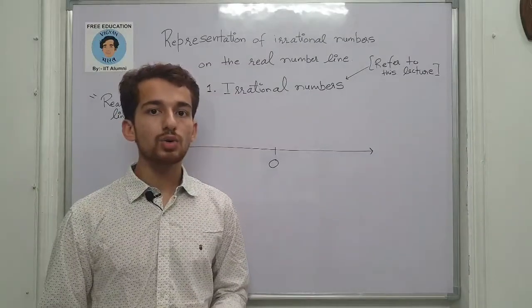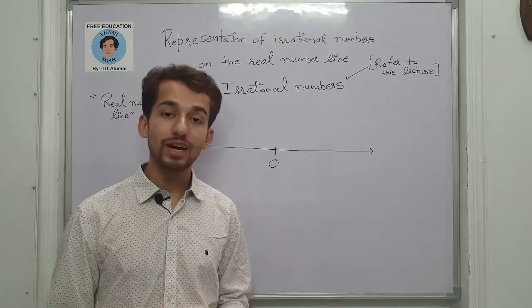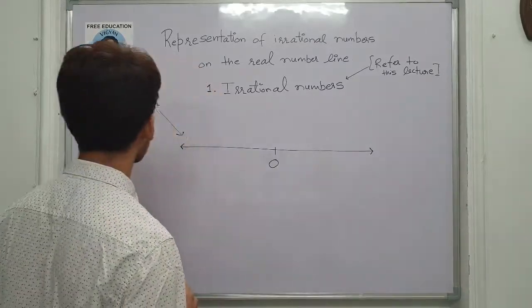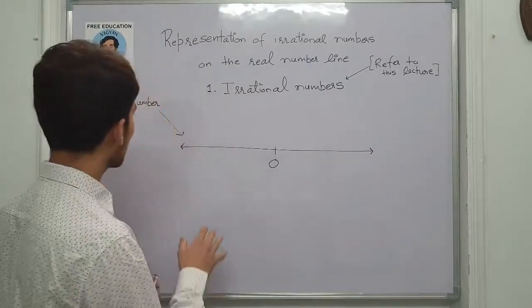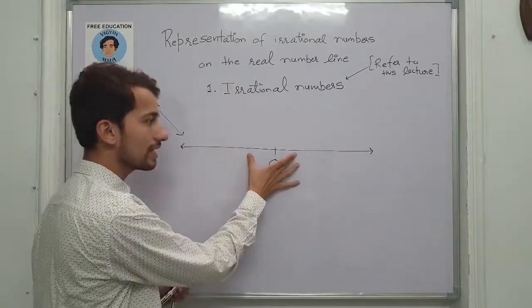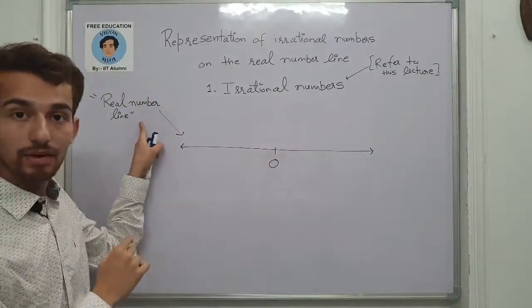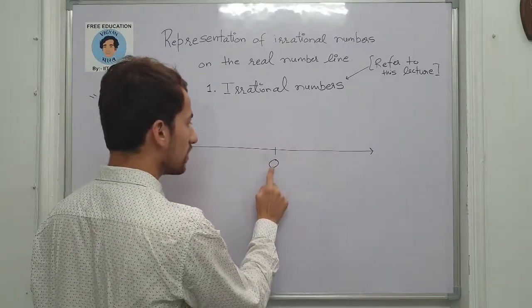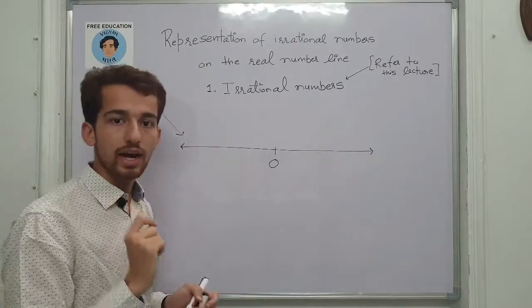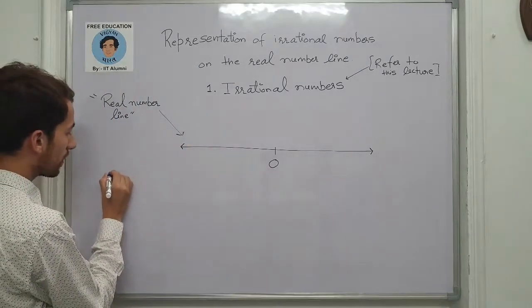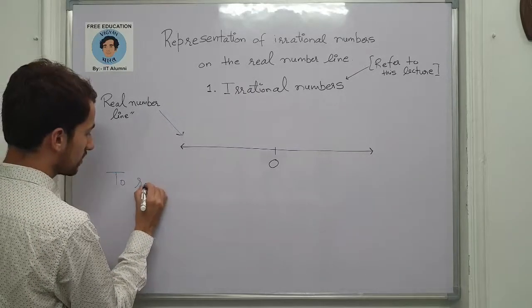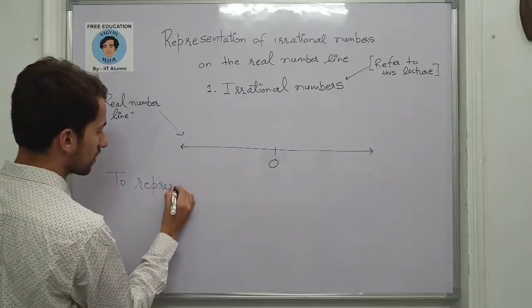To understand how to represent irrational numbers on the number line, first we should know what a number line is, and that we have covered in previous lectures. Here I have sketched a number line, of course a real number line, and marked a point 0 on it. Now I want to represent an irrational number.